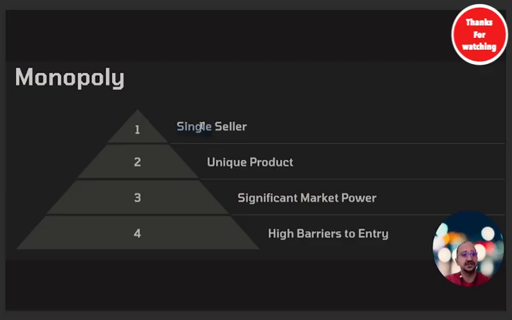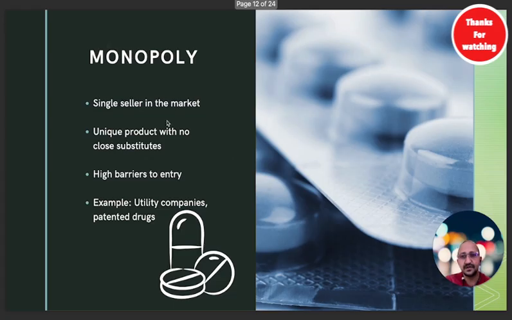There is no competition at all, right? There is just one seller, and the product is so unique that other people can't even produce or manufacture that product, or can't even give services similar to what that person is giving.